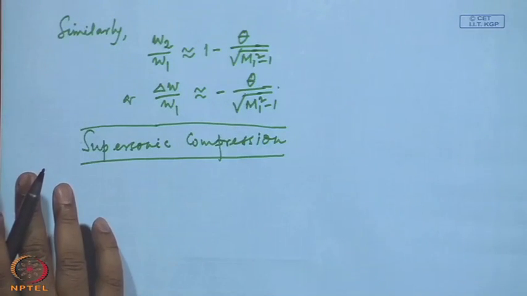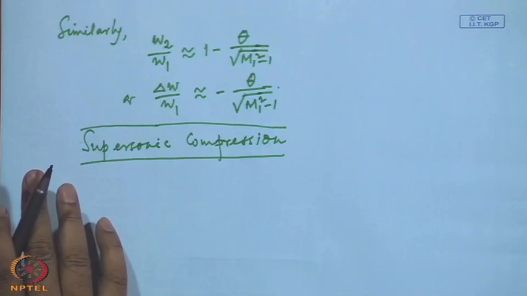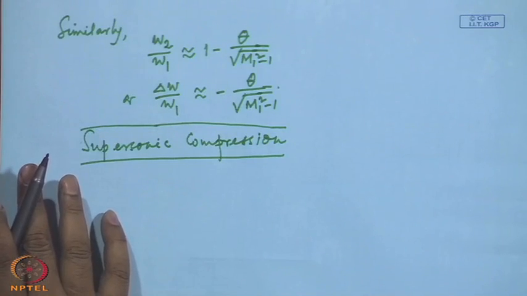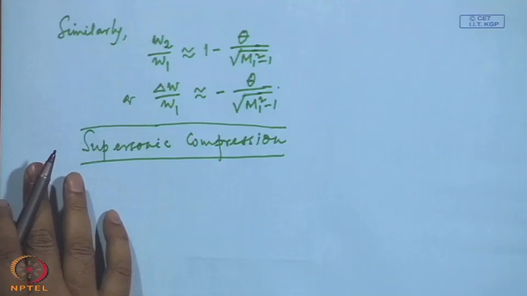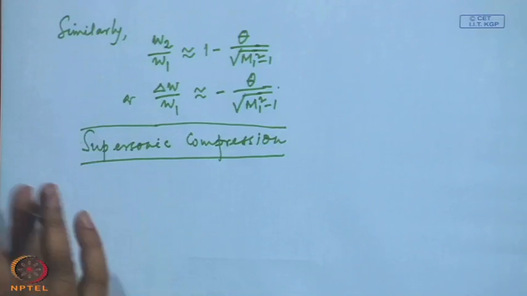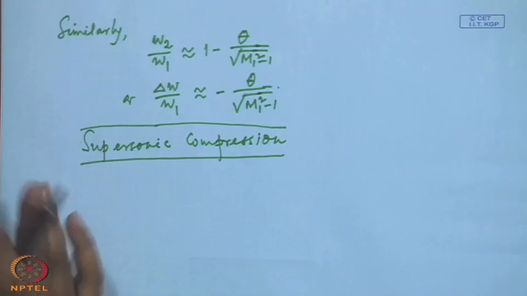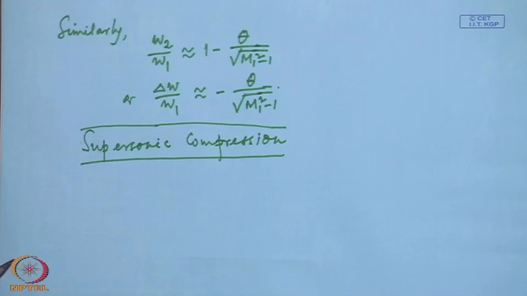That is, we can use a compressive turn to compress a supersonic flow, and this can easily be achieved just by providing an angle. That is, if we can deflect the supersonic flow by an angle theta, immediately the flow is compressed or the pressure is increased.